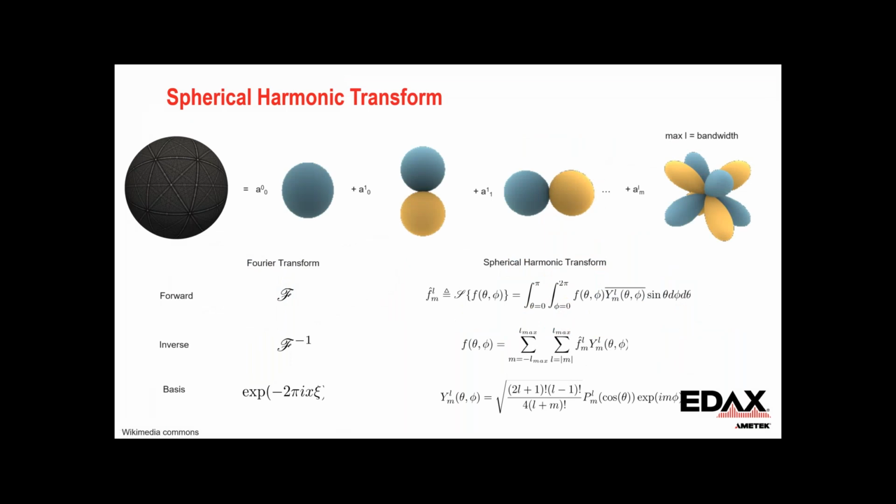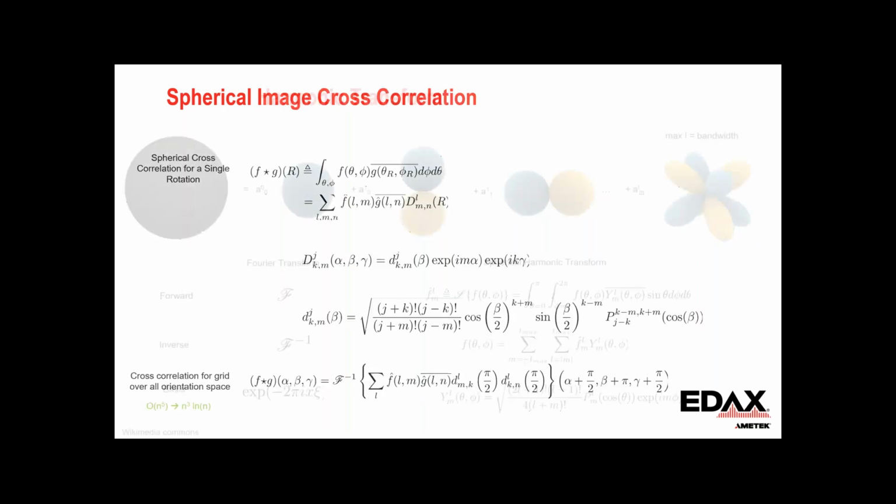And just like there is a forward and reverse transform for Fourier transforms, there's the forward and inverse spherical harmonic transform. And like I said before, the difference is the basis function. Instead of sines and cosines, the spherical harmonic transform uses the spherical harmonic functions, which have a significantly more complex form, but it's conceptually identical.